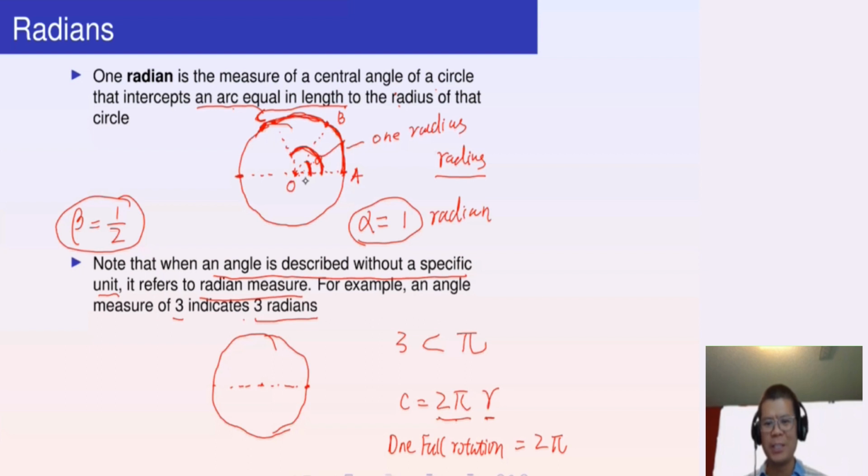That's going to be just pi. Which means the semicircle on the top has length pi r. So correspondingly, what is this angle?